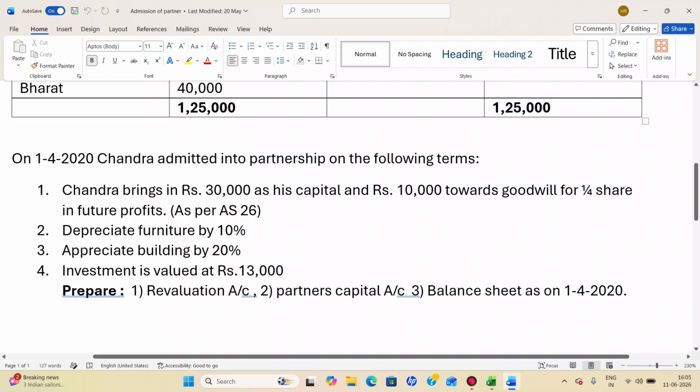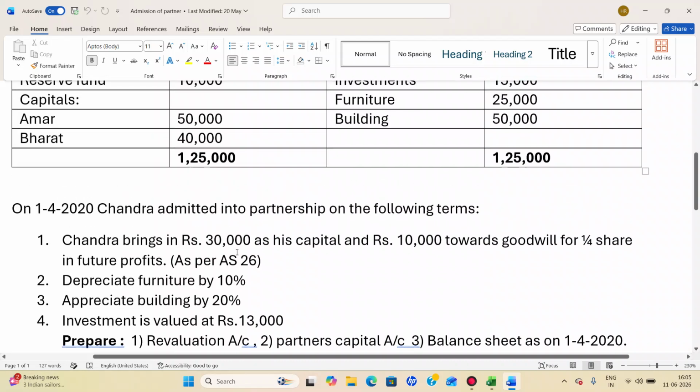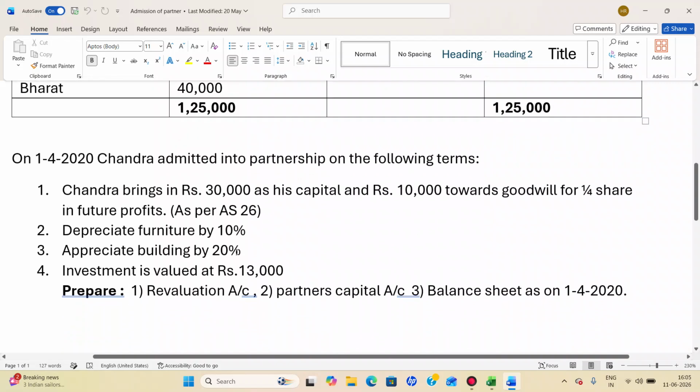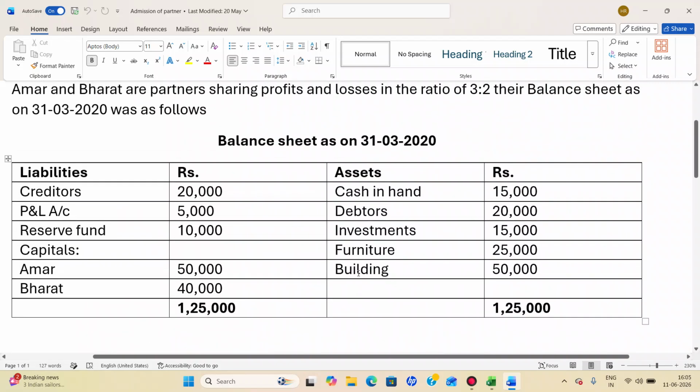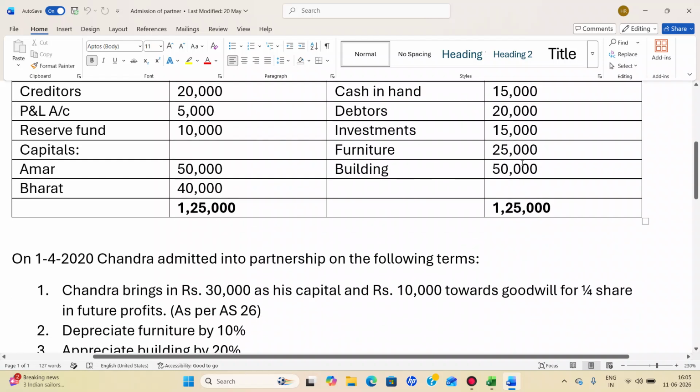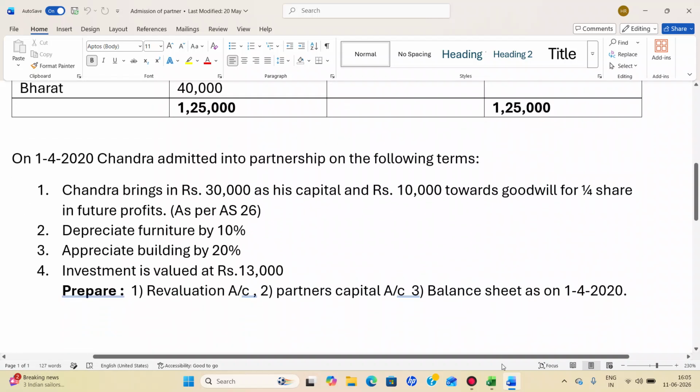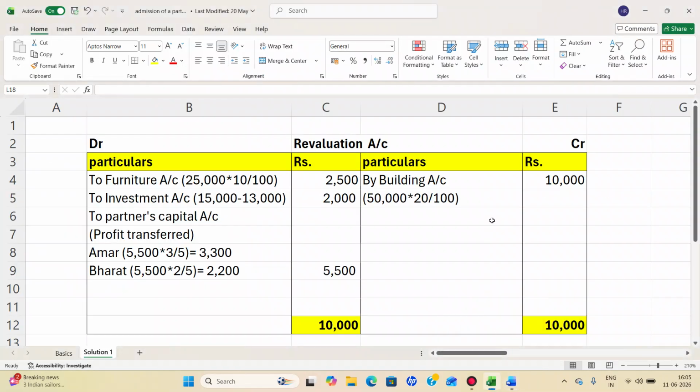Again, appreciation on building by 20%. If there is any appreciation, we record it on the credit side. As I mentioned earlier, here building is 50,000. For that, 20% appreciation means, by building account, 50,000 into 20 by 100, that is 10,000.